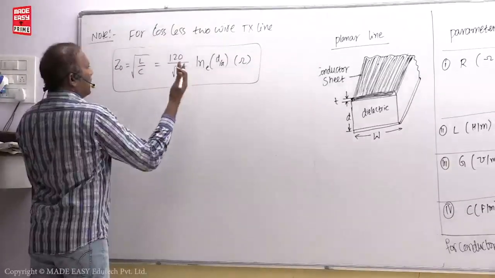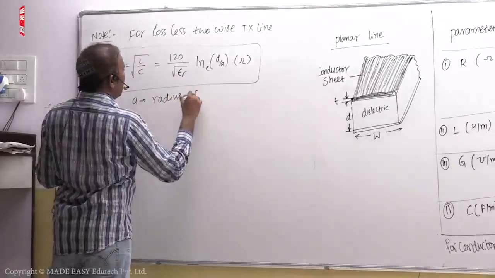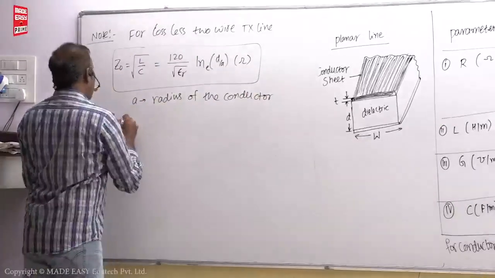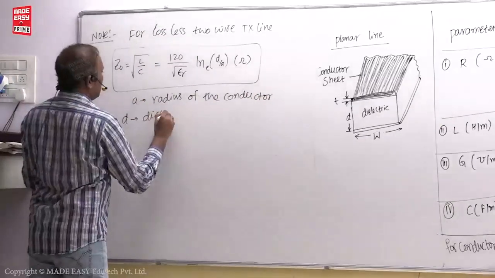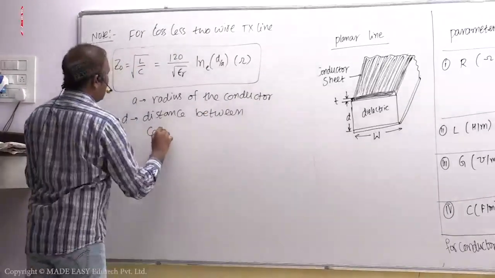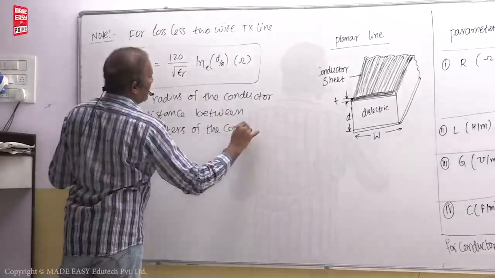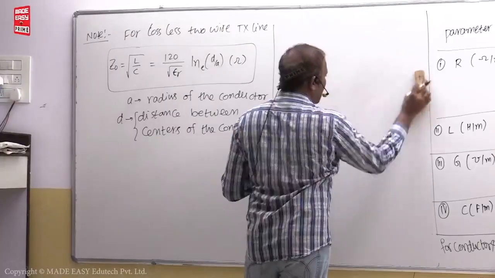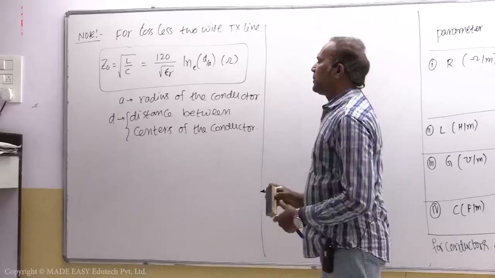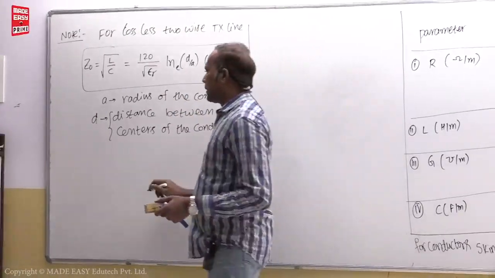Here a is the radius of the conductor and d is the distance between the centers of the conductors in the diagram already shown. So epsilon r is the relative permittivity of the medium present between the conductors.